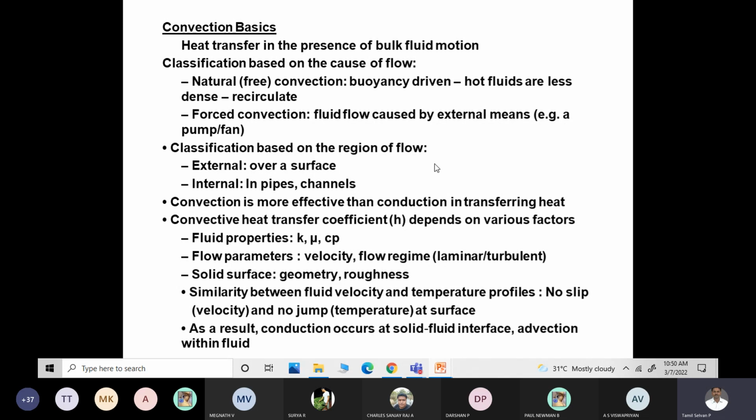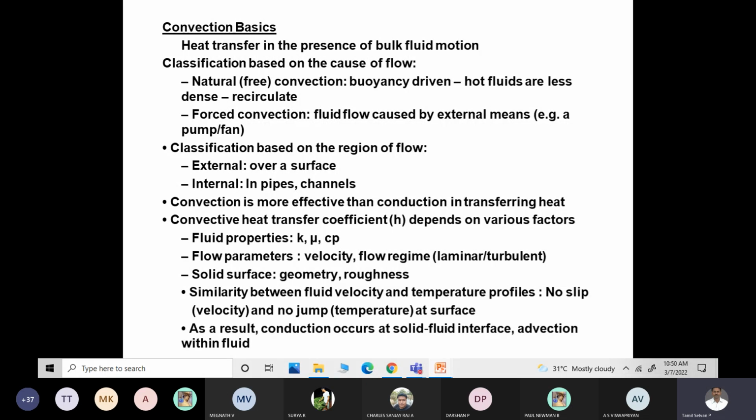I told you the example of hot coolant which flows inside the pipes in case of nuclear reactors. Similarly, water gets converted into steam, and then condensing of steam also we have discussed. So internal flow and external flow: external flow is flow over a surface, internal flow is flow inside a surface.